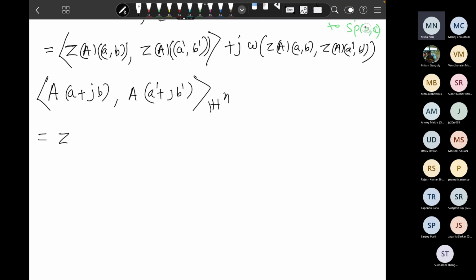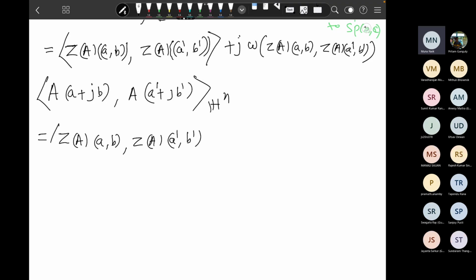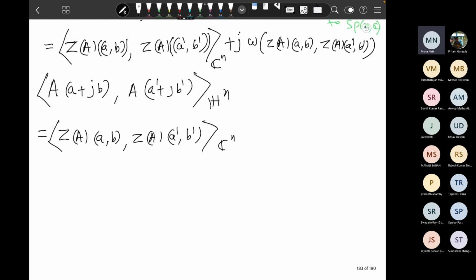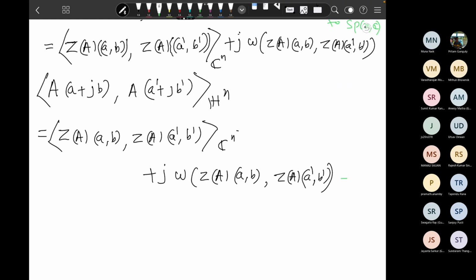So this I am getting ZA AB, ZA A′B′ in Cn, plus, let us write it as Z W ZA AB, ZA A′B′. So this is called star.